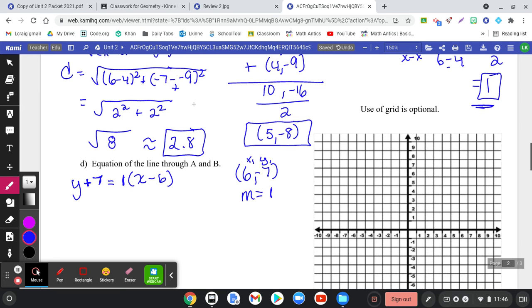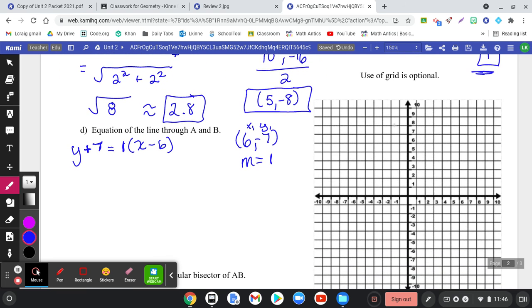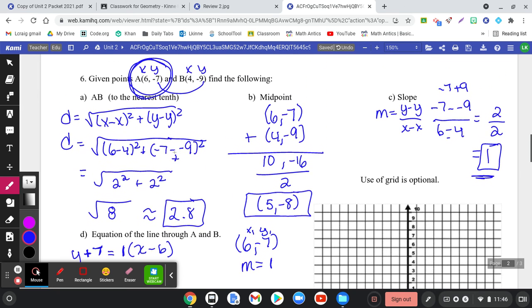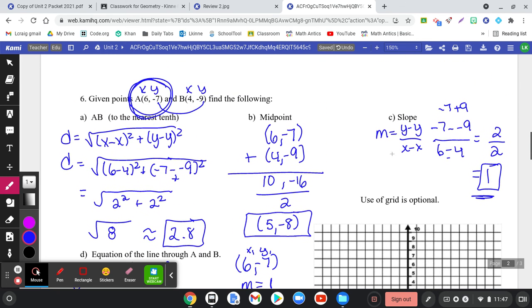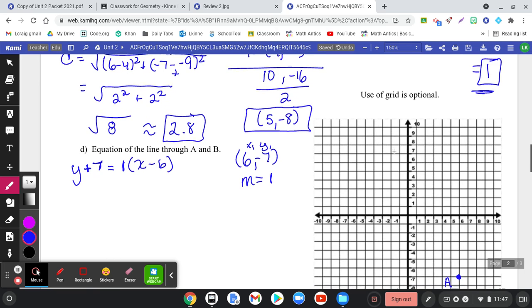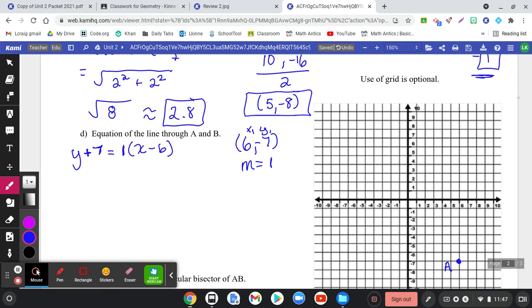If you graphed those, you could have found your equation the other way. So 6, -7. You're going to go to the right 6, down 7. And 4, -9. Wow, that's a tiny little line.